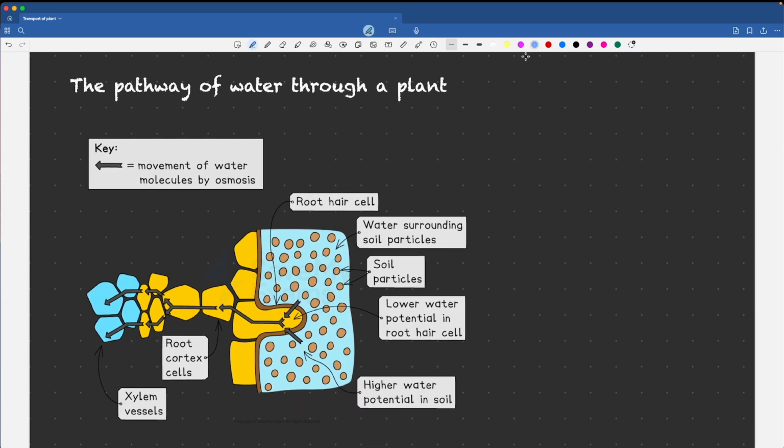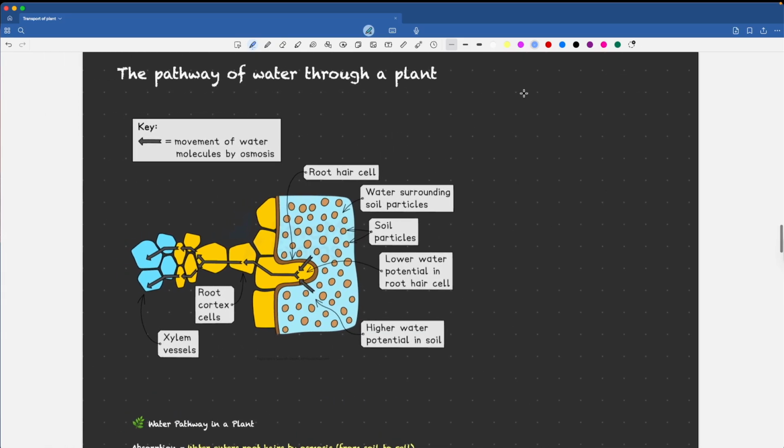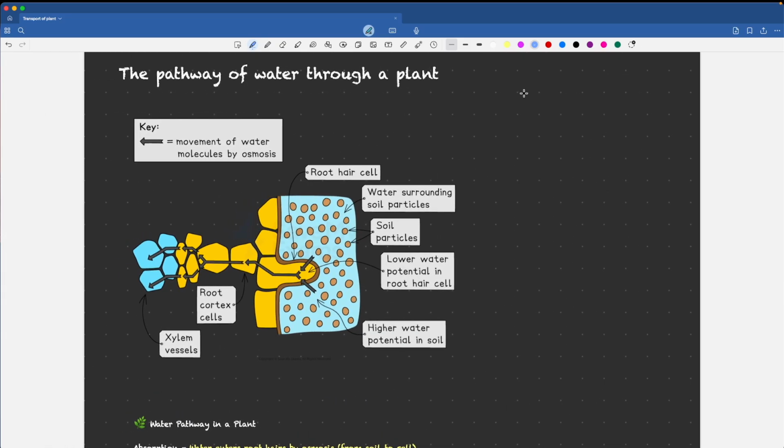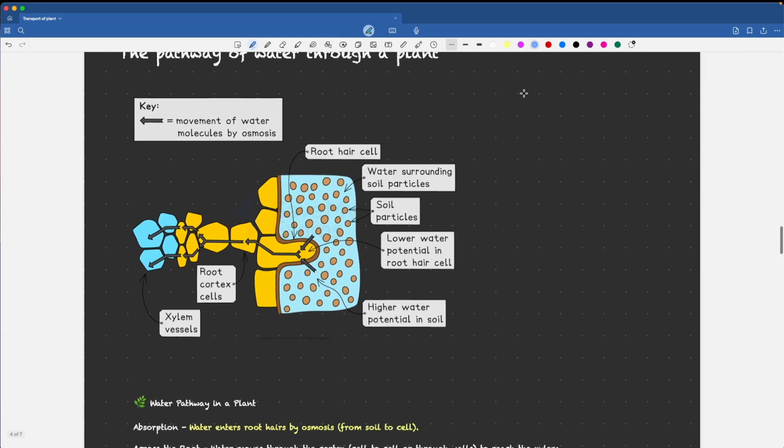Now, the pathway of water through a plant. First, at the root hair cell, as the cell sap is more concentrated, water from the surrounding soil particles will move inside the root as it has lower water potential.